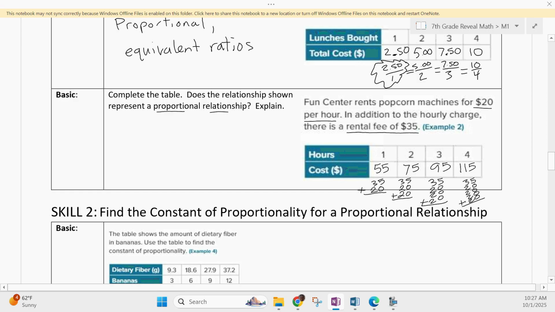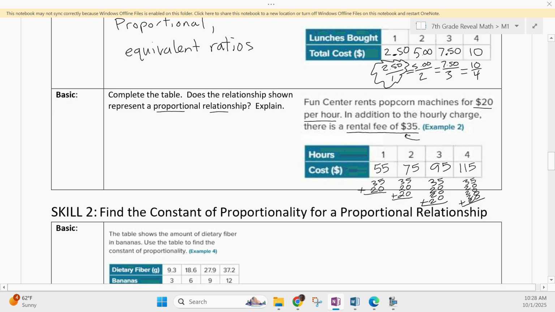Right? Now, we already probably know this is different than the first one we did, so this isn't going to be proportional. And why not? Because of this one-time fee. That one-time fee kind of shifts the numbers over so that when we divide, we're not going to get the same unit rate.